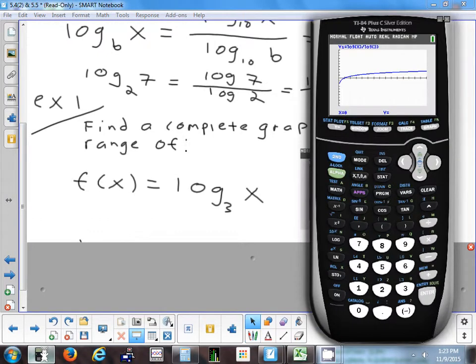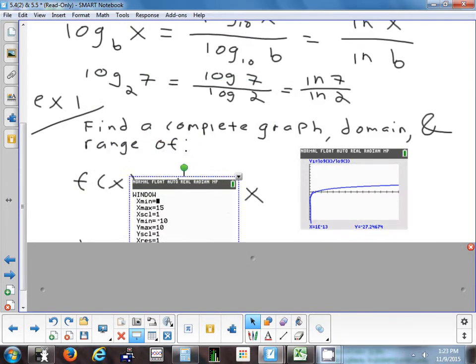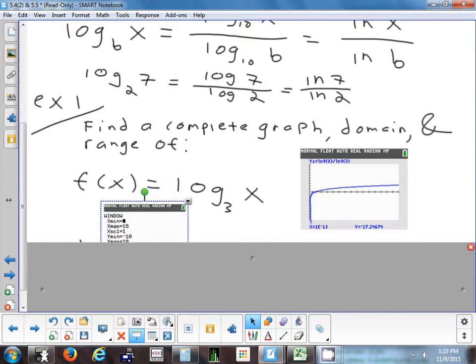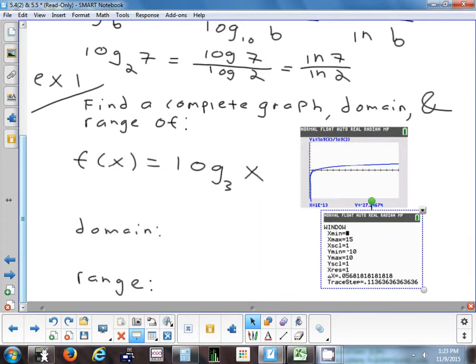I would say for a window, that's fine. Just use that as your window. And what about the domain here? How far left and right does this function go?